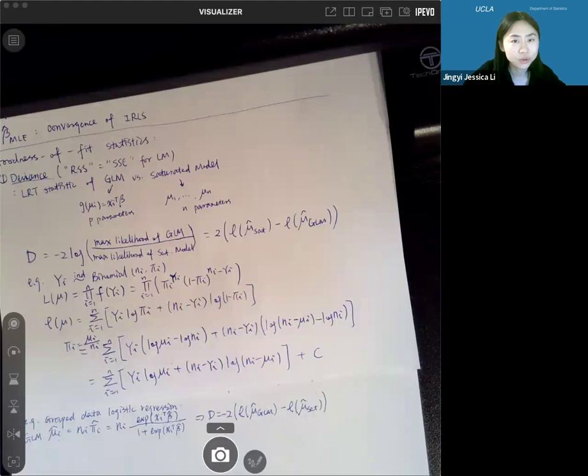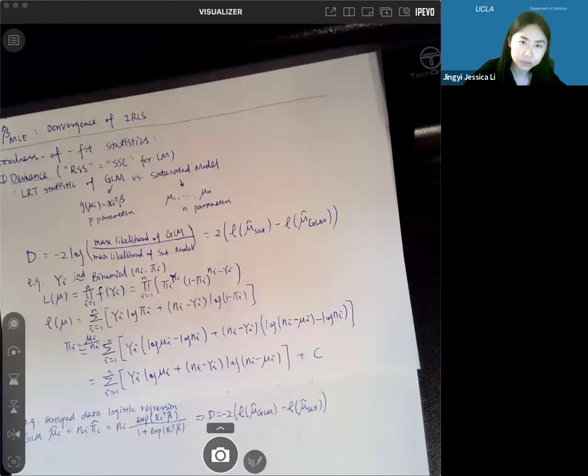How to predict yi has nothing to do with other observations, because if your goal is to make your prediction as accurate as possible, with the prediction error as small as possible, the best you can do is set each mu i equal to yi.